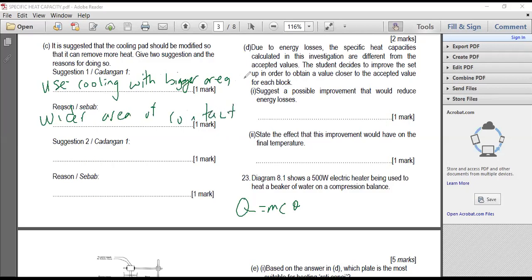Use a bigger cooling pad so that there is a bigger area of contact with the person.